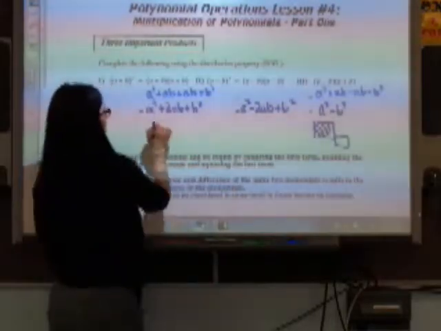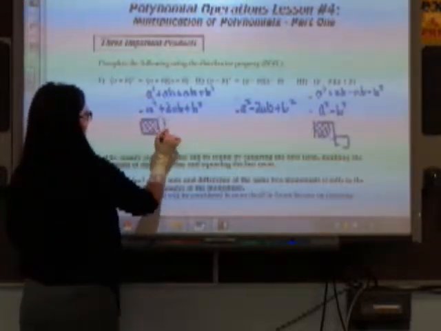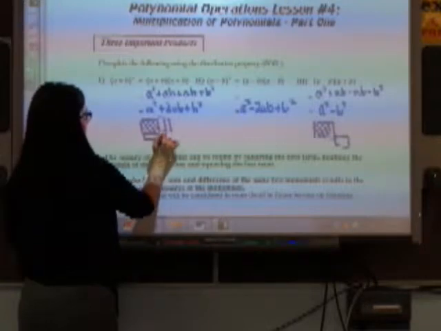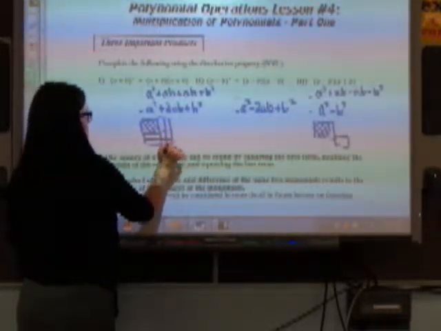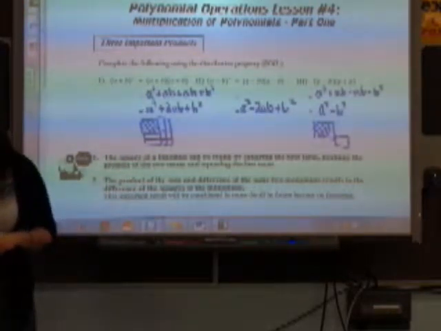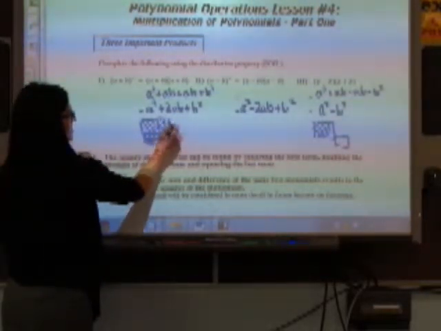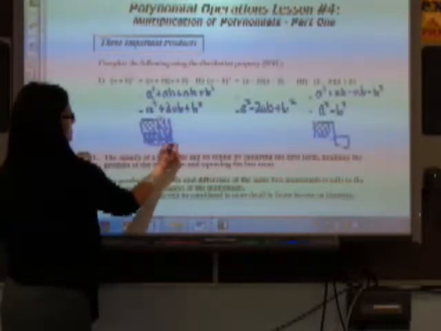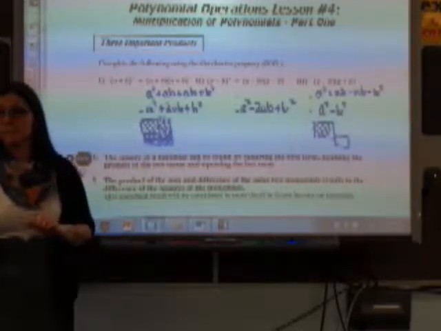Whereas with this one, I'd end up with a square, and in this case, they'd all be positive. And in the other diagram, the rods would then be negative.